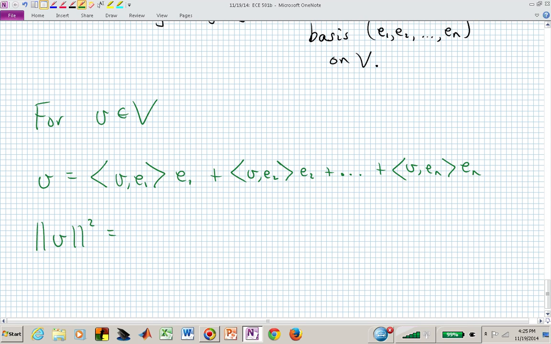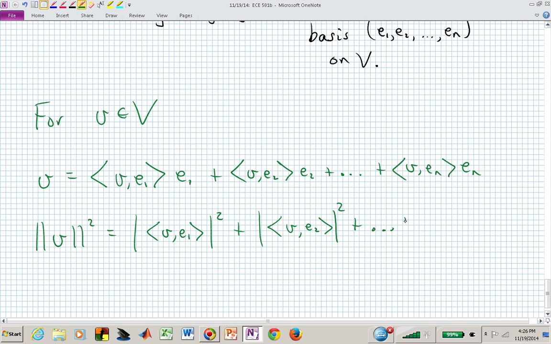It doesn't scale. So now if I called this first piece A1, I'm saying take the absolute value of the inner product of V with E1 and square it. And add that to this coefficient scaling E sub 2, which is the inner product of V with E sub 2. Find its absolute value and square that.